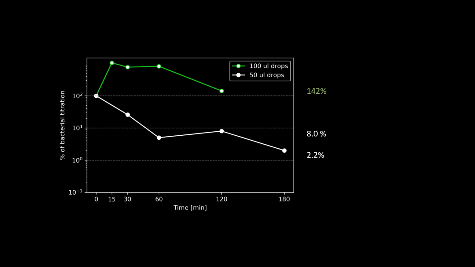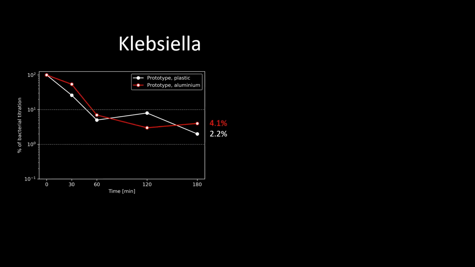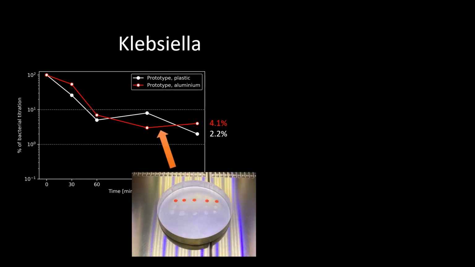This leads us to the point, how realistic are 100 microliter for practical applications of these light bulbs? 50 microliter drops are far more realistic when mimicking surface contamination. We get similar results for the percentage of bacterial titration when we checked a different type of surface, for example, aluminium.